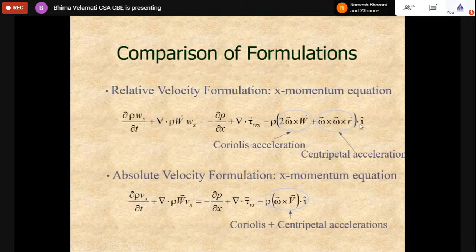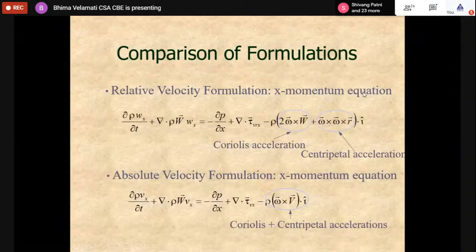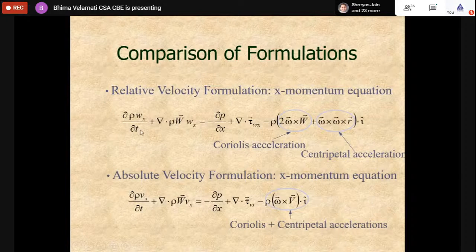So now, if I write my relative velocity formulation for the X momentum equation, this is how it looks. You have an unsteady term, an advection term, a pressure gradient, and a shear stress term, which is your viscosity term.